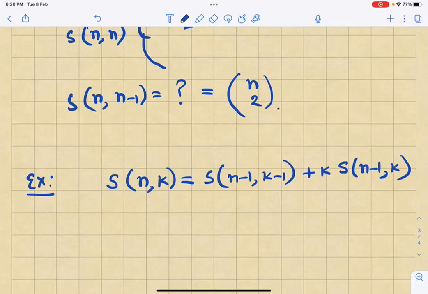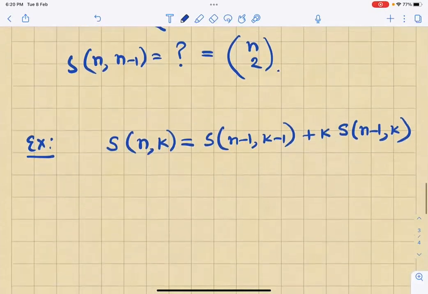This is like some kind of induction. If you know the solution for the lower values, then you can cook up a solution for the higher value. Thinking in this kind of recurrence way is very useful.